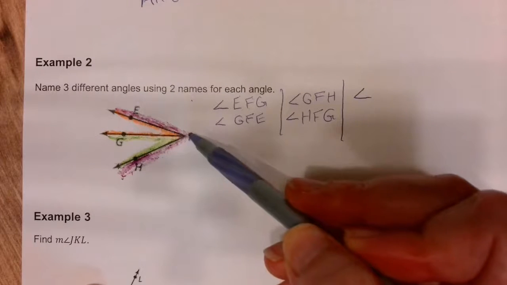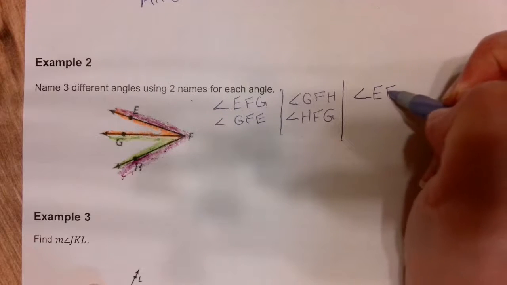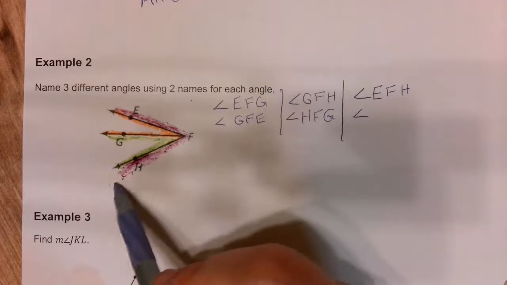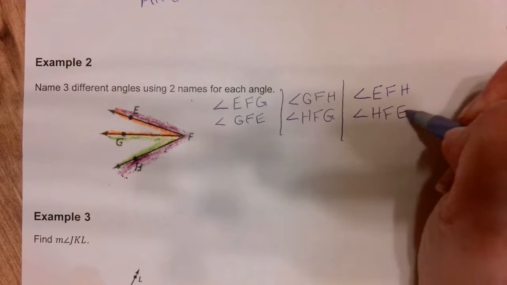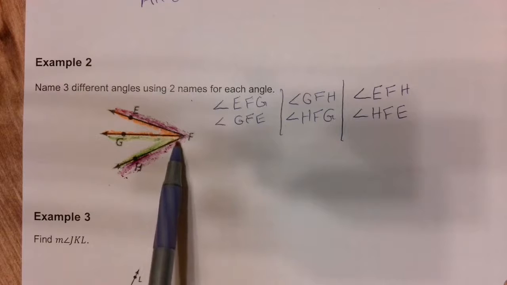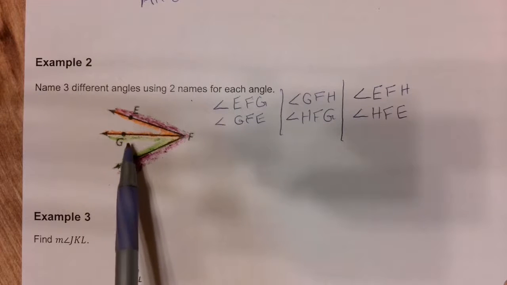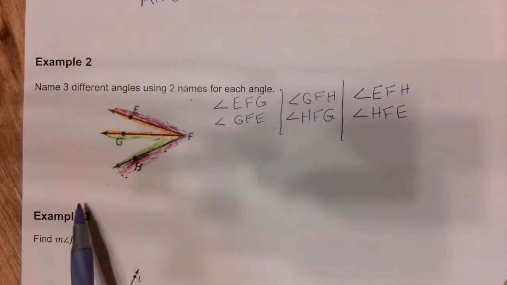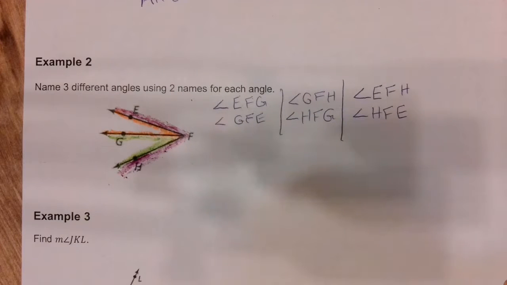E, and then F, and then H. And the opposite direction, H, F, E. Now, none of these allow you to just say angle F, because if I said just angle F, you have 3 options. You could be talking about the orange, the green, or the purple one. You have to use 3 letters in these cases to name the angles.